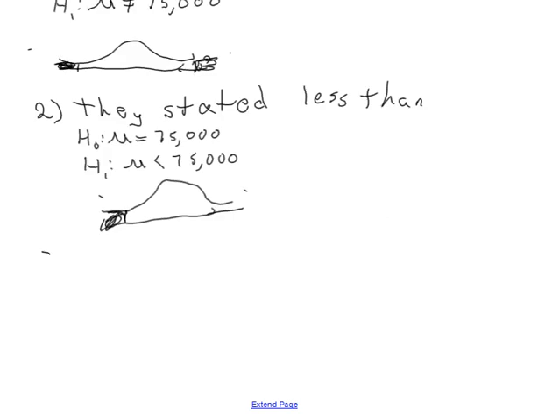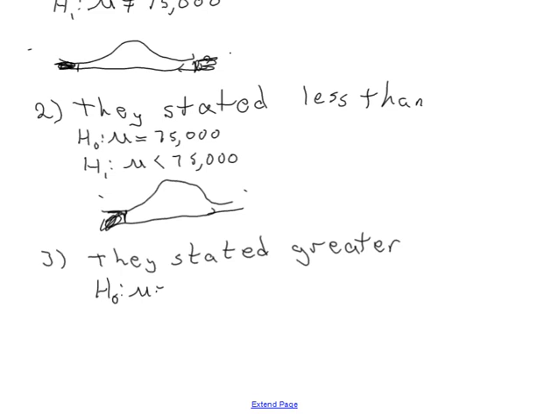The third type would be they stated greater. It's the same as the less, except the inequality. So the null hypothesis is again mu equals 75,000.